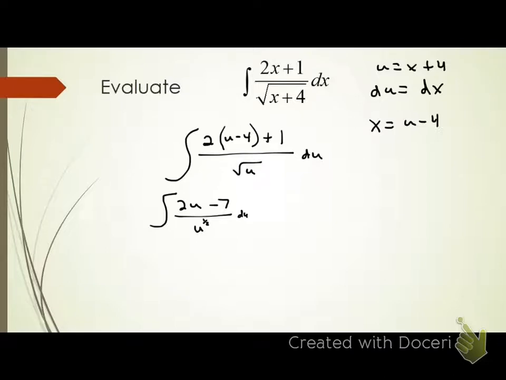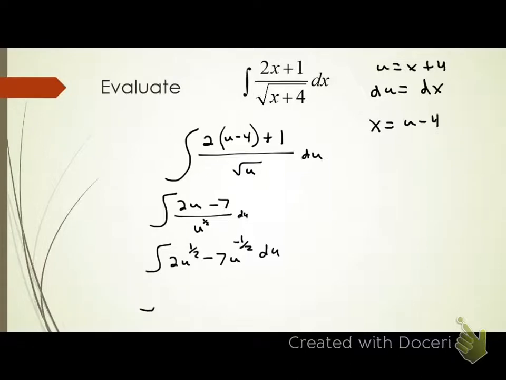So we're dividing by a monomial. Simplify that bad boy. What's 2u over u to the 1/2? 2u to the 1/2 minus 7u to the negative 1/2 du.